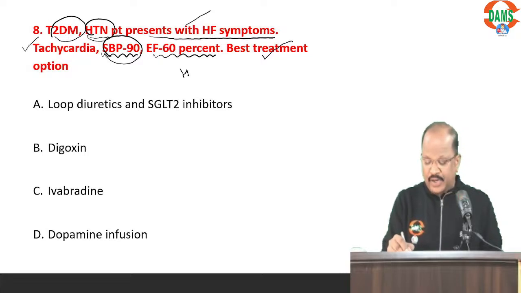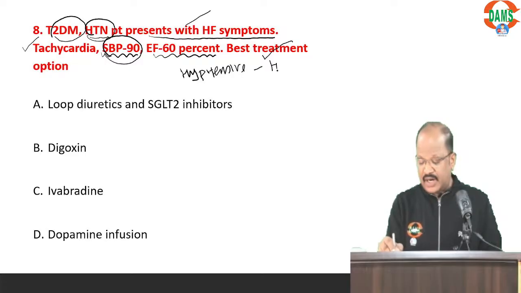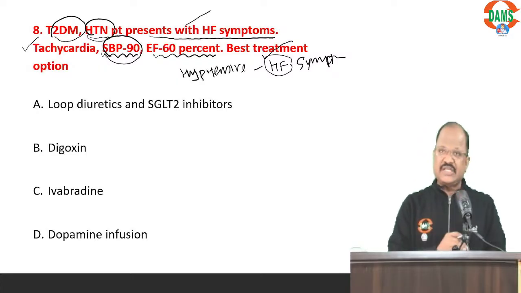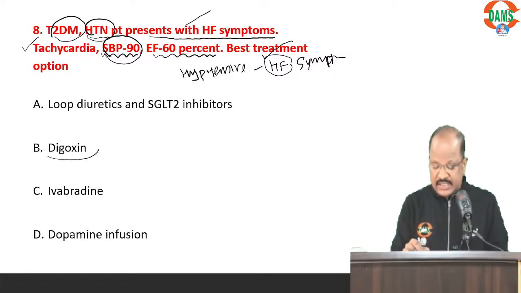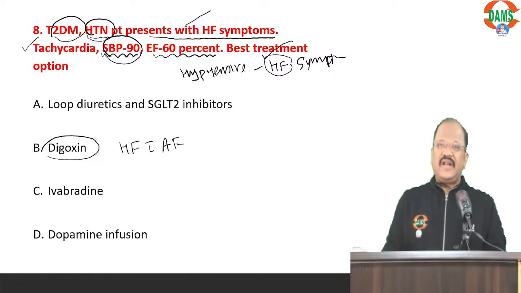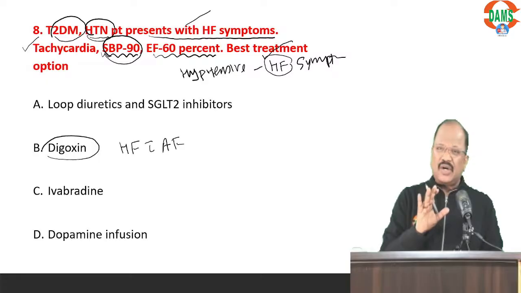So hypotensive status with the heart failure symptom. So here I want to relieve the symptom. So what is the best answer? Look here. Digoxin, a wonderful drug for heart failure, especially with atrial fibrillation. So nowadays, use of digoxin not that much, only for heart failure.